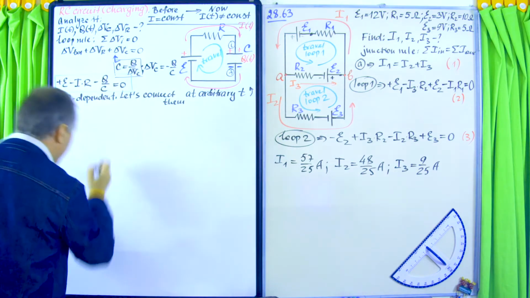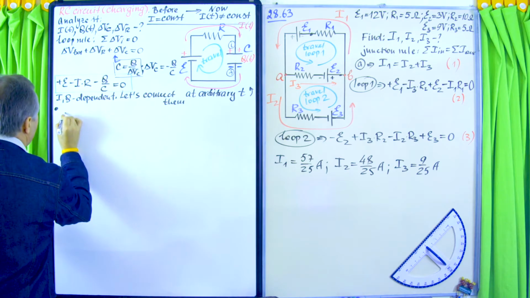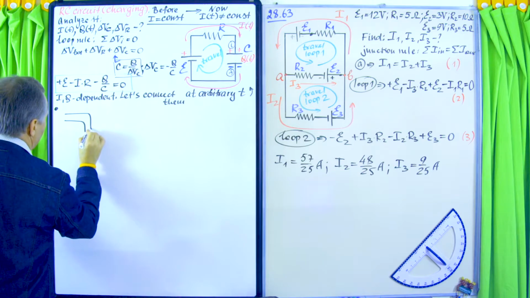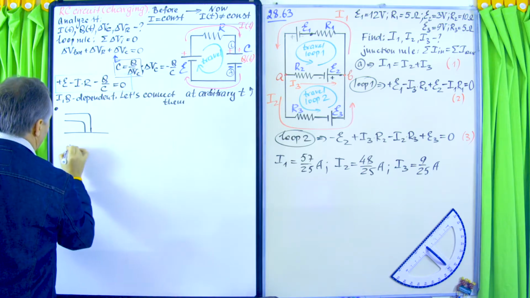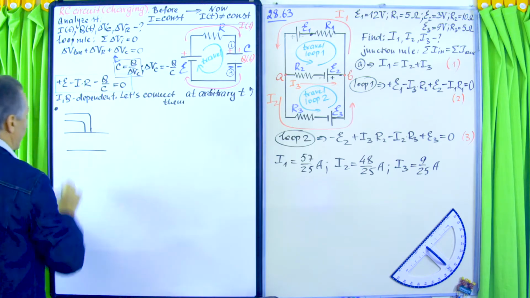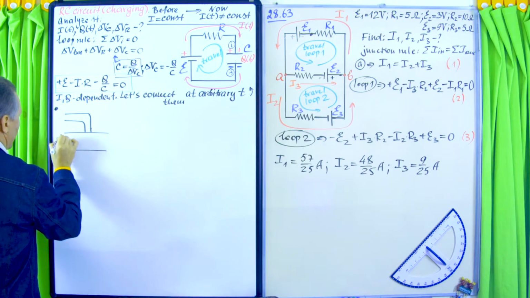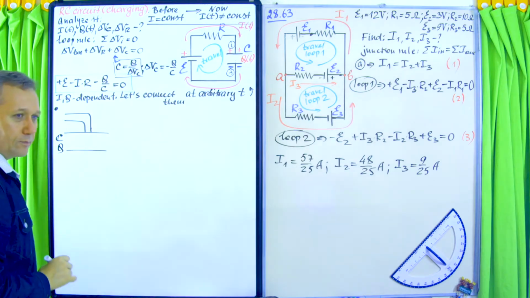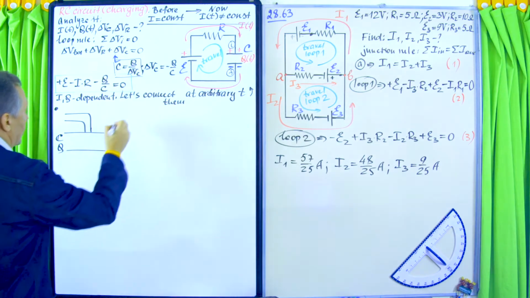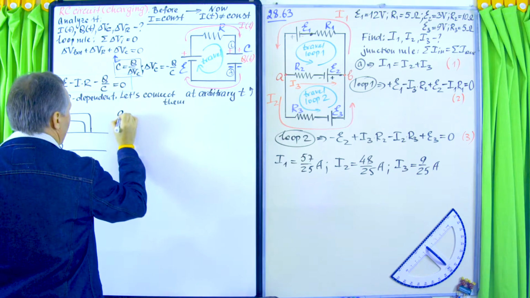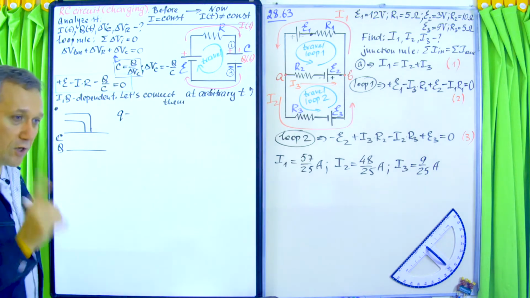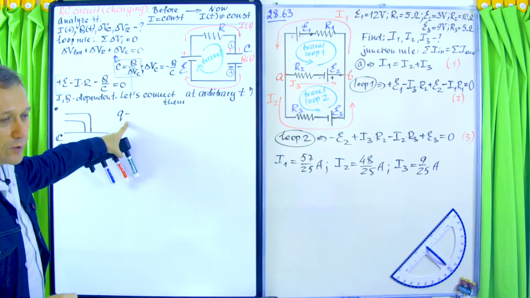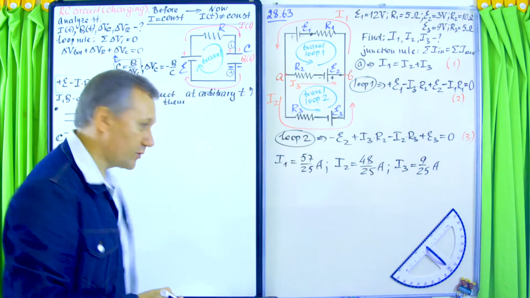I'm going to draw it like this. So this will be my piece of wire, and this is my capacitor. So this is C, the capacitor, which has charge Q. And let me denote Q small: when the charge is inside of the wire, we use Q small to denote that charge.